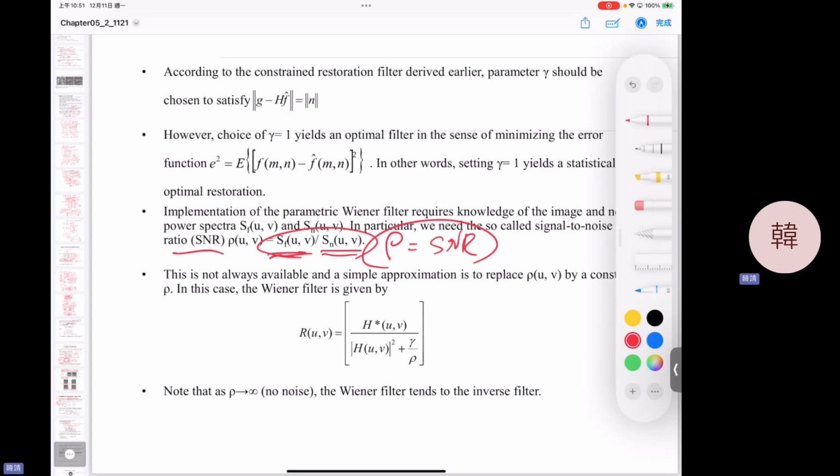We use rho to represent it, and we have a gamma here with the inverse noise to signal, so we take the denominator. So actually your R_uv is just like this. We just mentioned gamma equal to 1 is a Wiener filter, gamma equal to 0 becomes the inverse filter, and gamma between 0 and 1 becomes the parametric Wiener filter. So it depends on how you choose this.